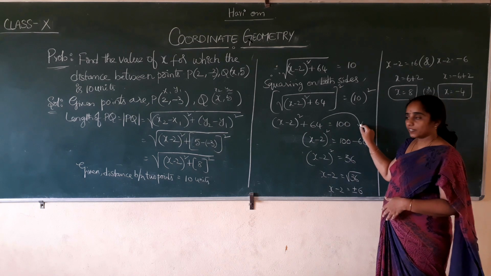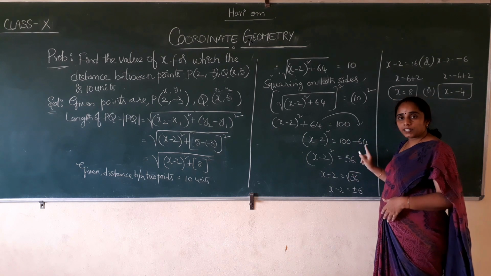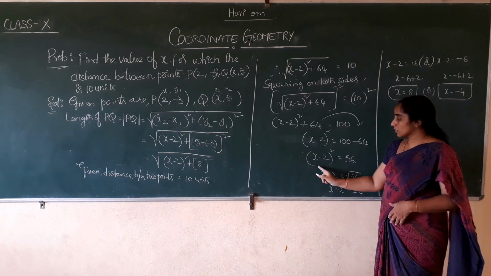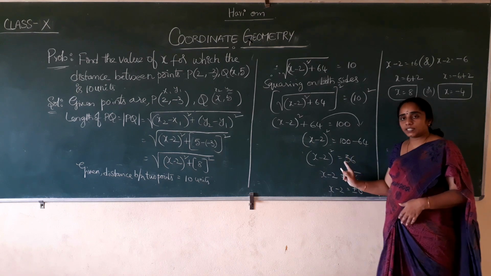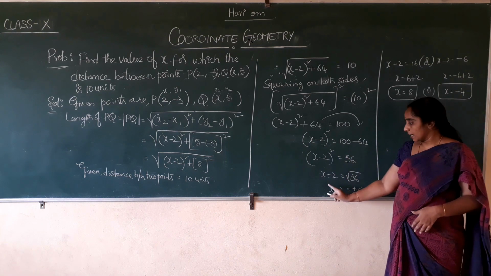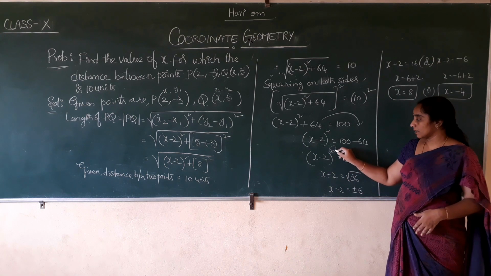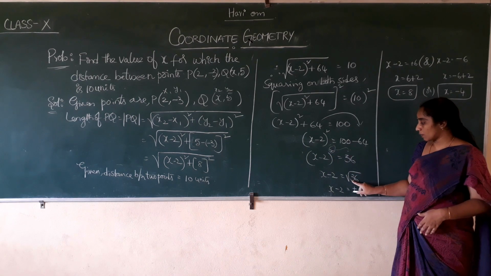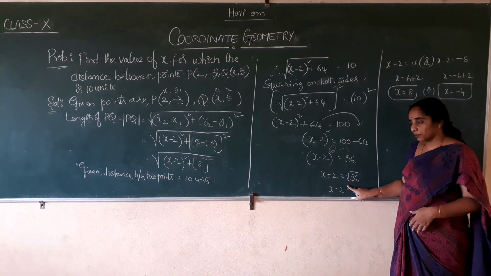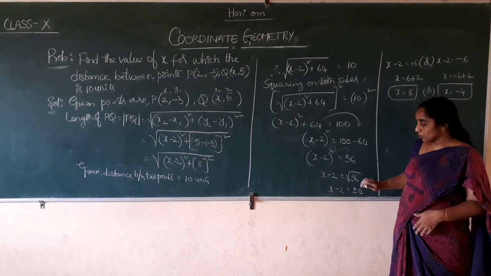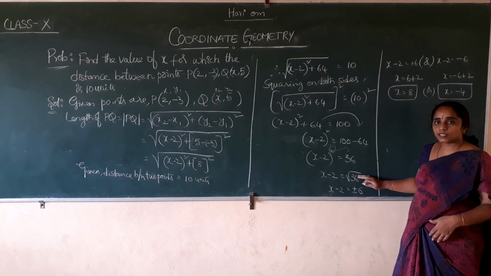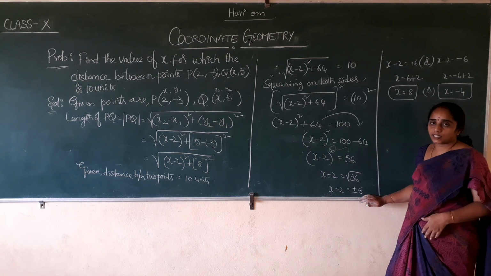4 to this side. Now it is 100 minus 64. x minus 2 whole square is equal to 36. x minus 2 is equal to, again this square becomes square root on this side. It is square root of 36. Square root of 36 is plus or minus 6.